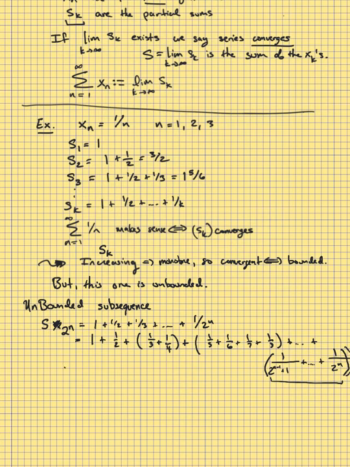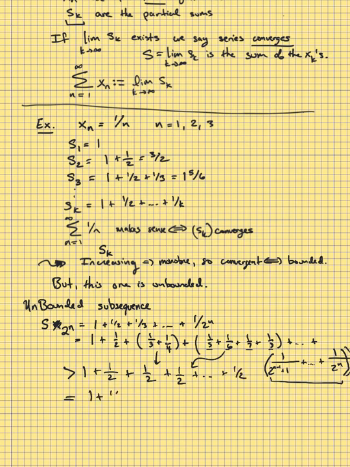So this is greater than 1 plus a half plus a half, because a third plus a quarter is greater than 2 quarters, plus a half, because a fifth plus a sixth plus a seventh plus an eighth is greater than 4/8.